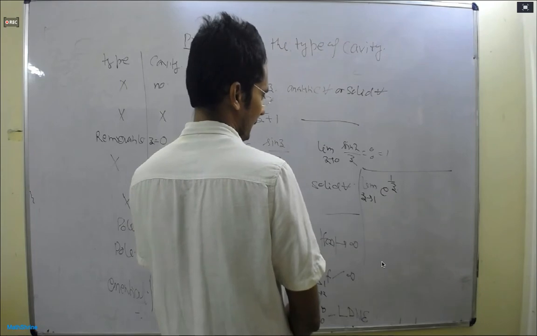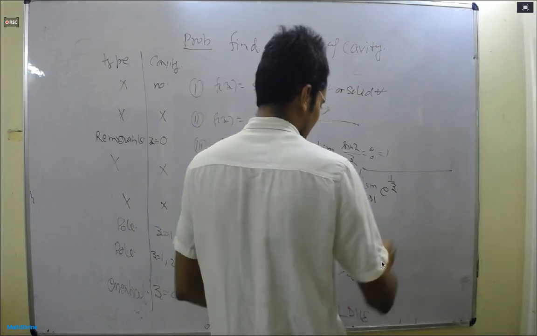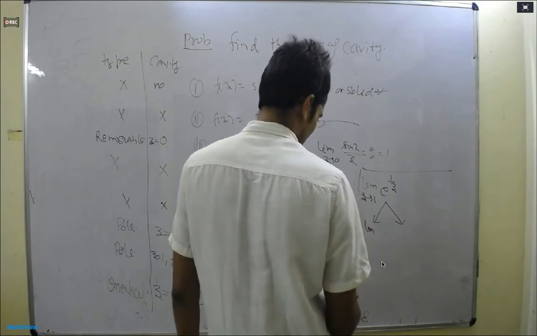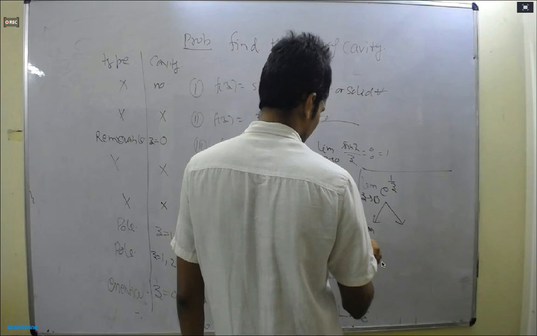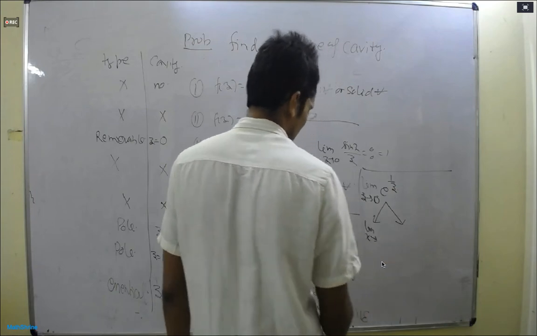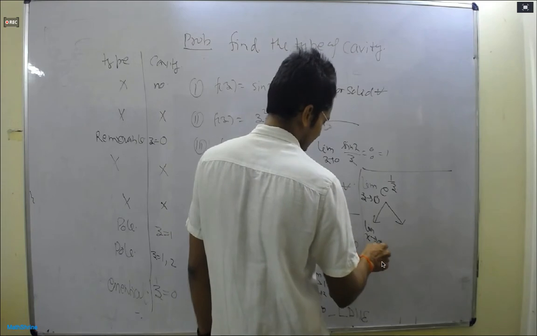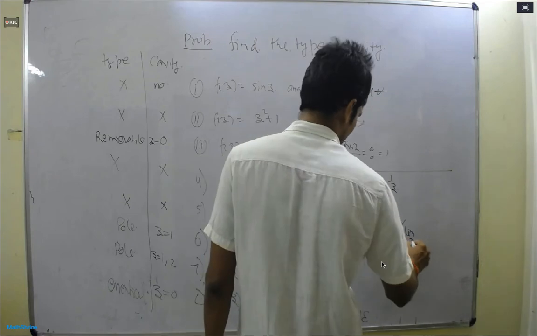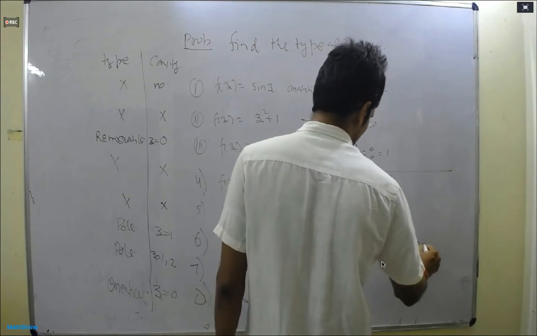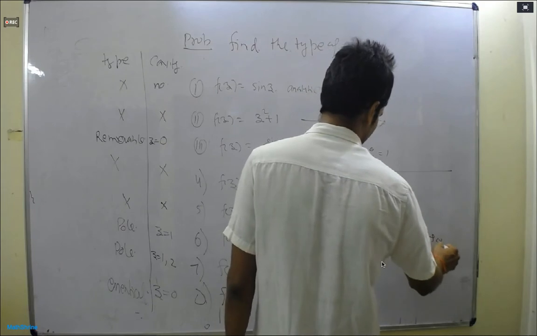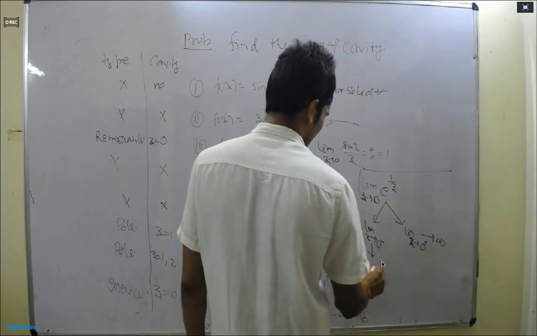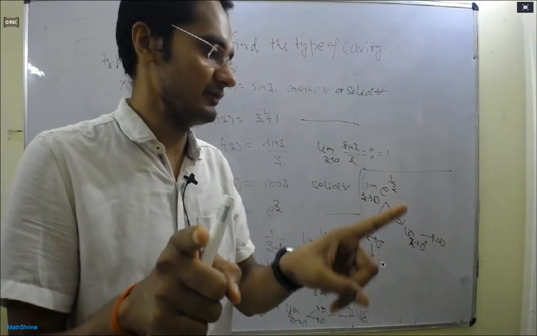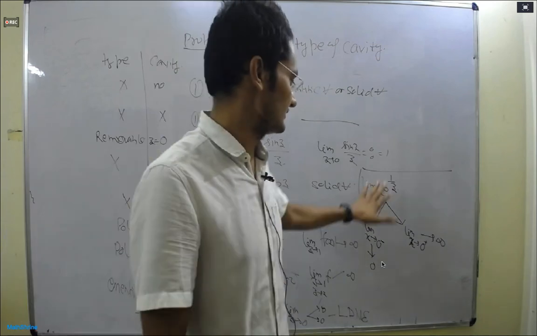This can be written in two ways: limit x tending to 0 minus and limit x tending to 0 plus. One will go to infinity, the other will go to 0. The function is moving in two directions, one way infinity, one way 0. Therefore, this function does not have the limit and the function has the essential singularity.